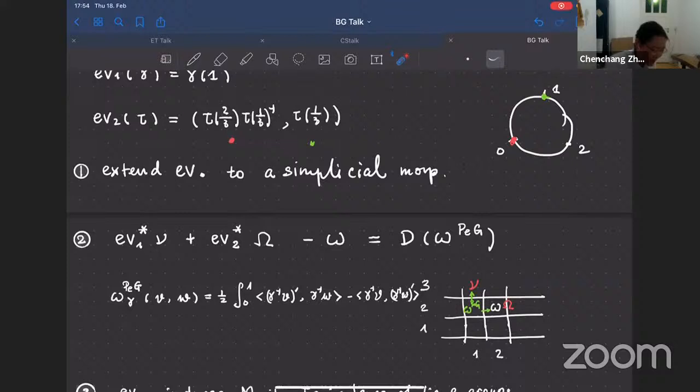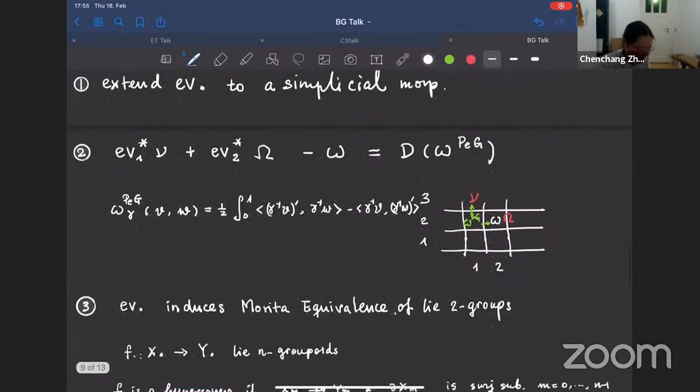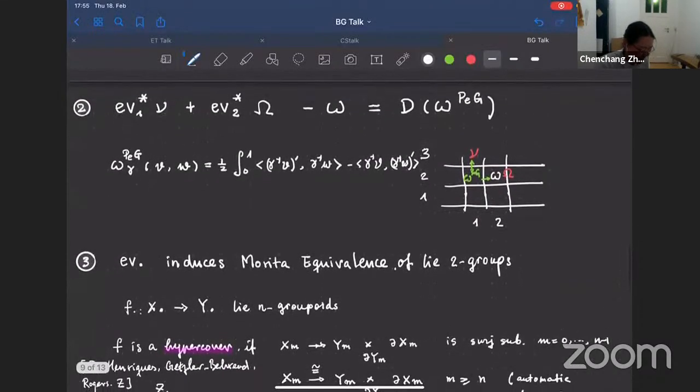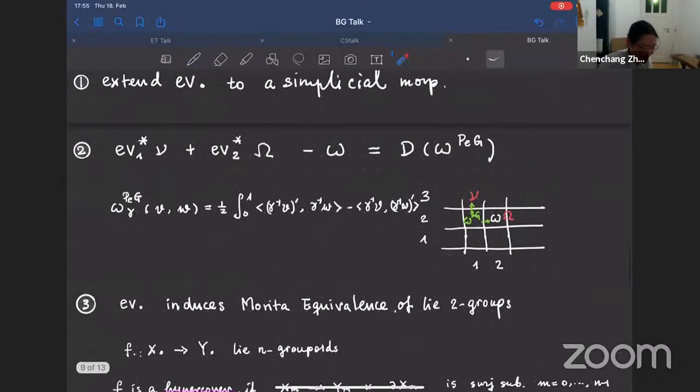It took us a long time to get this form, though. We tried different transgressions and they didn't work out, but this simple one works out really fine. Then you can also verify that this evaluation map is very nice. It doesn't change the form, more or less. It also doesn't change the group height.